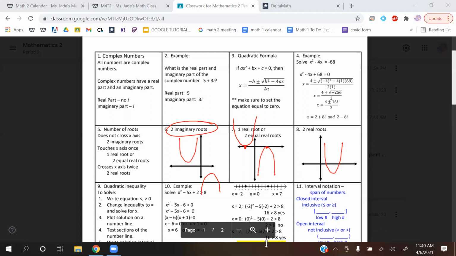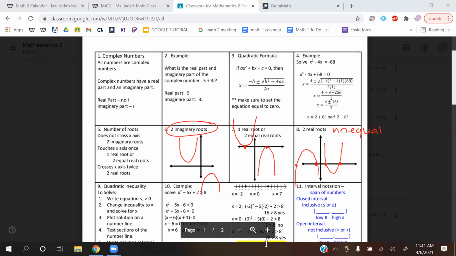And then the last case is if your parabola touches not once, but twice onto the x-axis. And it could look this way, facing downwards as well. It will touch twice onto the x-axis. So if it touches twice, you have 2 real roots, and I don't remember if Delta Math specifies that they are unequal.